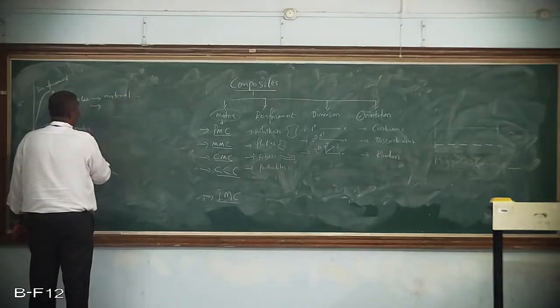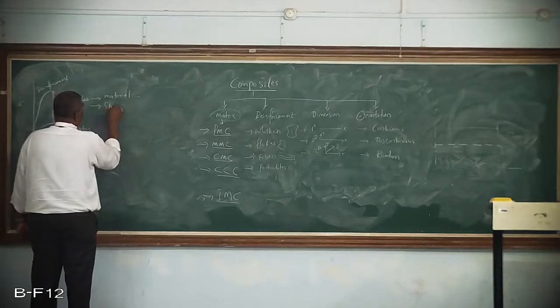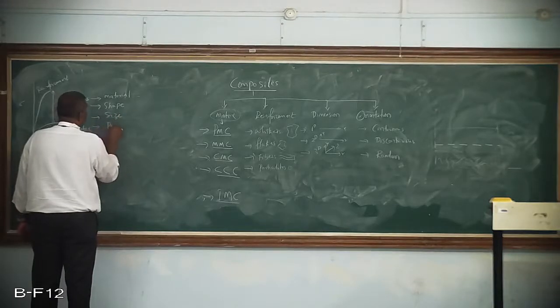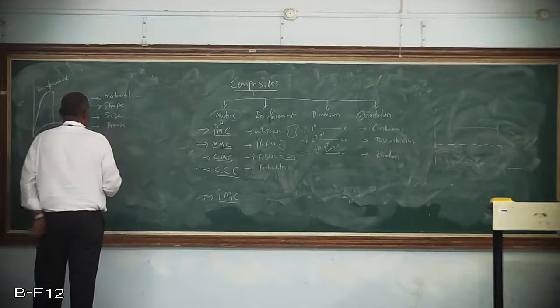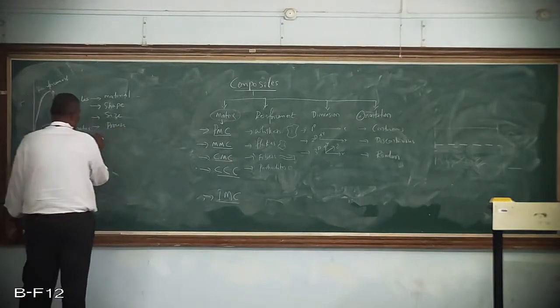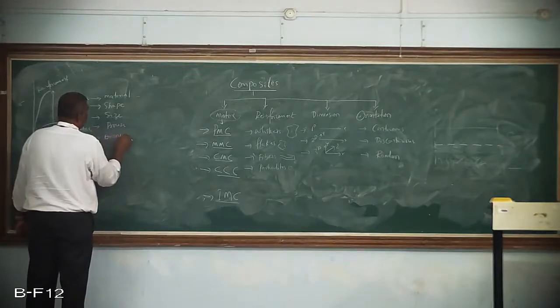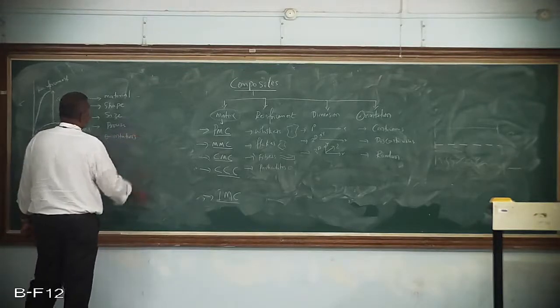Then based on what shape I'm going to use. Then what size I am going to use. Then next is what process, that is manufacturing process, I am going to use. Next is what orientation I am going to use.